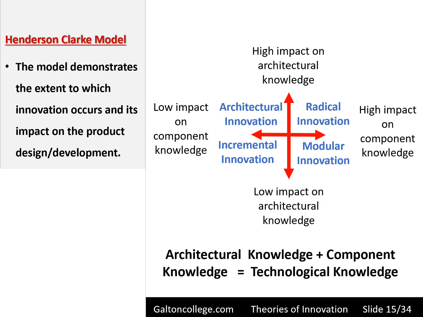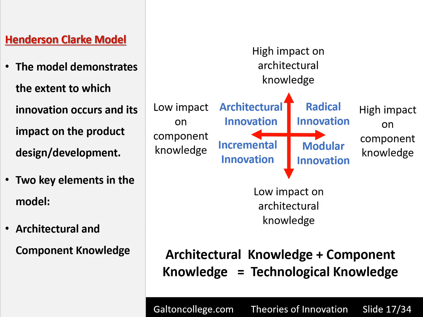So what it's done here is it's taken technological knowledge and broken it into two parts: architectural, the overall knowledge necessary to make that product, and the component knowledge, the knowledge of the components that go into the product. And when you put the two of those together, you get technological knowledge. So two key elements in the model: architectural and component knowledge.